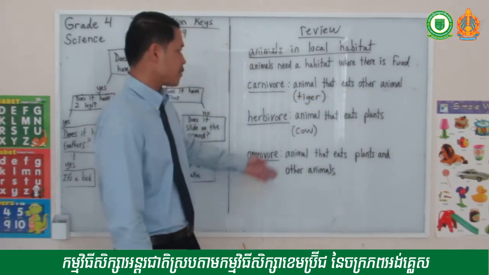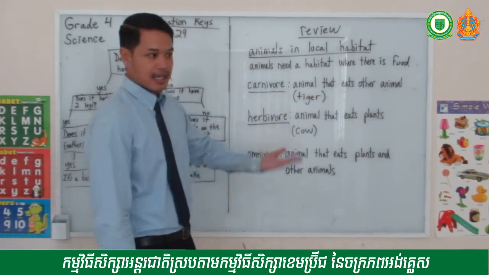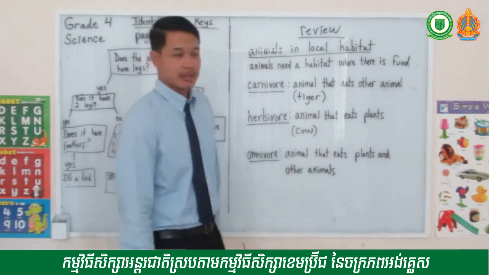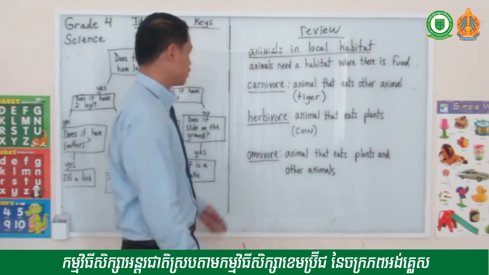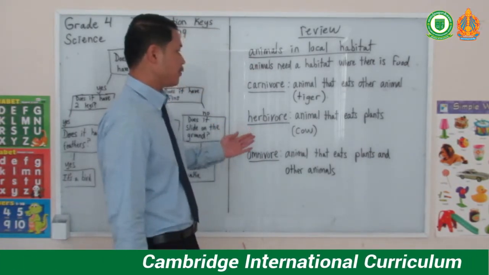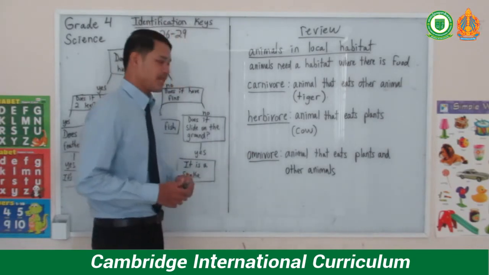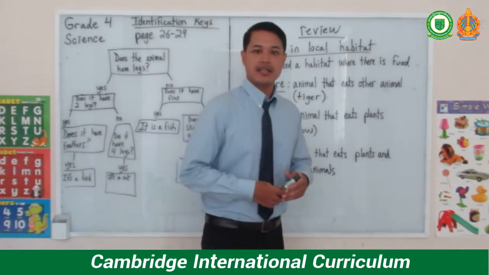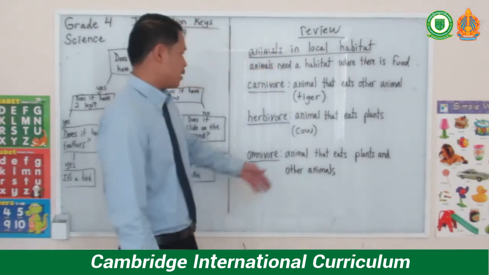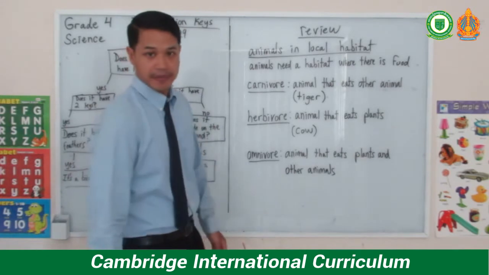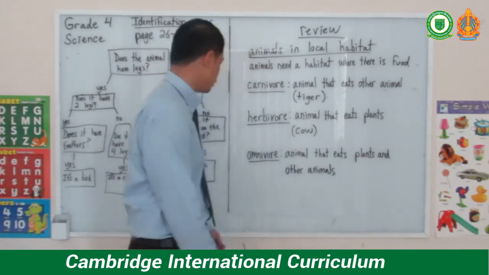An example would be a tiger, a lion, or a shark, but a shark is in the ocean. Next we have herbivores. A herbivore is an animal that eats plants. They only eat plants. An example would be a cow or a giraffe.